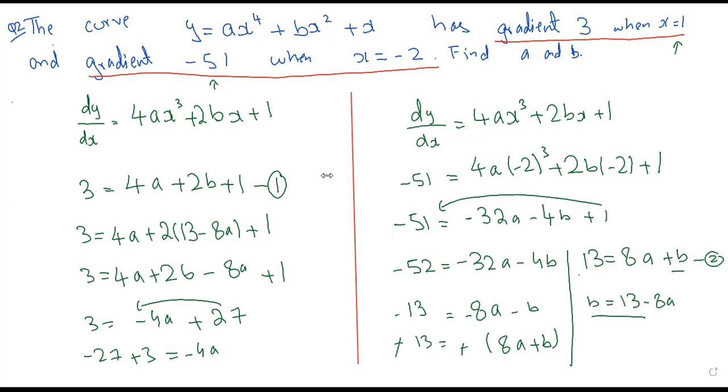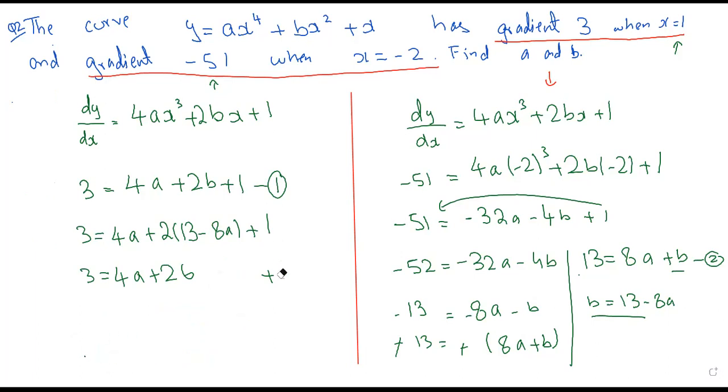On the left side? Like the third step, this isn't it supposed to be 2 into 16a? Yes, yes, I got it. Thank you so much. Very good. Sorry about that.